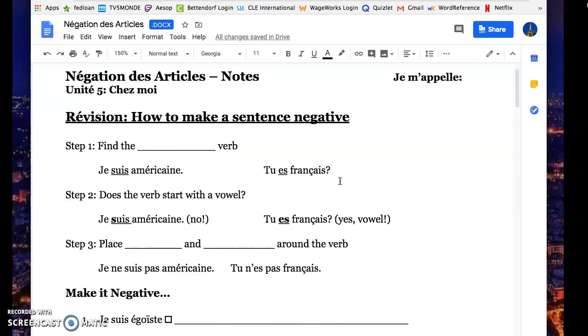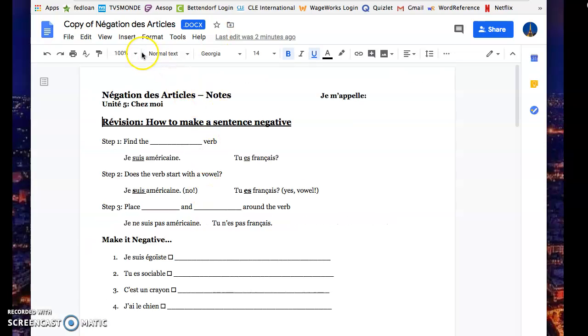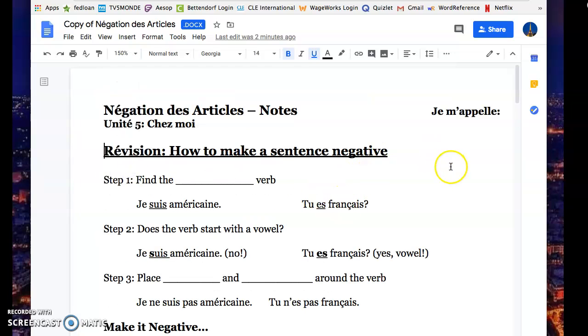I am going to be using a copy that I made for myself to type on. I'm not going to be able to write because I'm on my computer, but hopefully this will be an okay grammar lesson for you. Okay, so we're going to learn how to make a sentence negative.